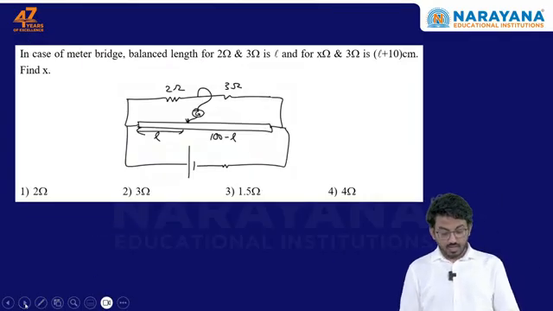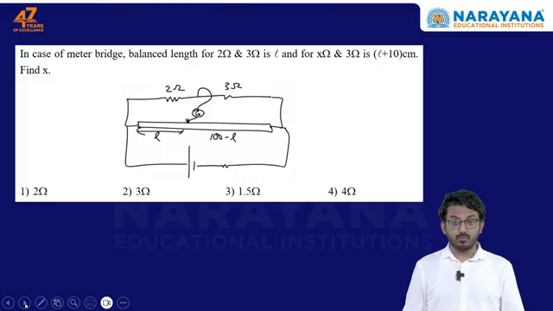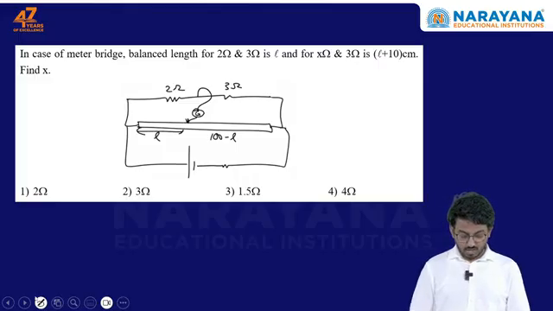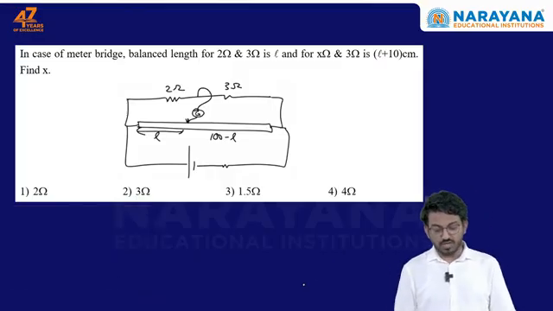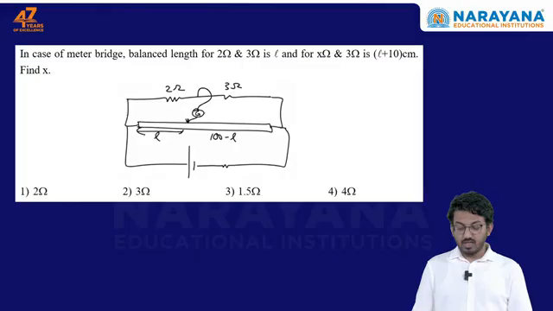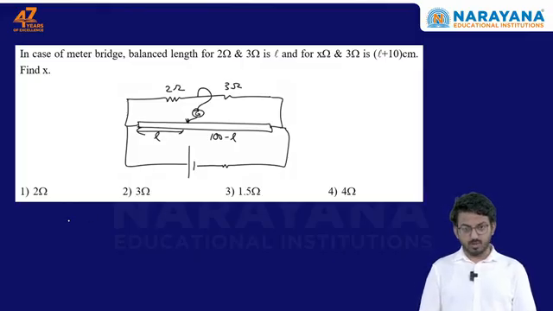Moving on. Again, we are getting a question on meter bridge, which we have gotten in every shift. So here they are saying that if we have 2 and 3 as the resistors here, and then L is the balance length. We know that this meter bridge works on the principle of Wheatstone bridge. So the ratio of resistance 2 and 3 is going to be equal to lambda L, where lambda is resistance per unit length, divided by lambda times (100 minus L).